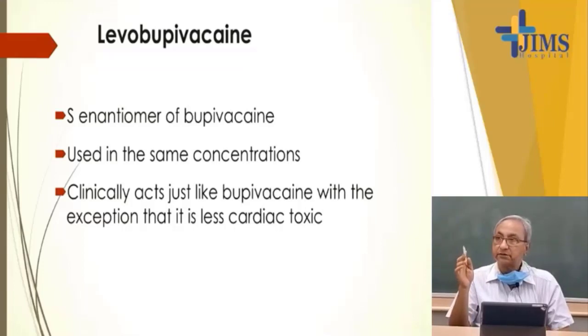Levobupivacaine is a recent addition to our drug armamentarium. It is an S enantiomer of bupivacaine. The same dose is used. The only advantage is it is less cardiotoxic than bupivacaine.